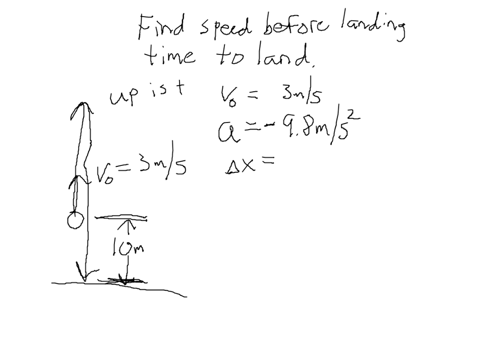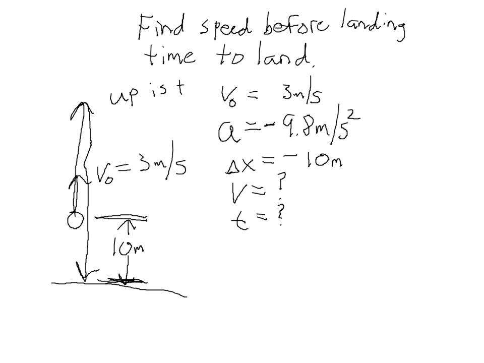So the displacement is 10 meters, but once again, that's got to be negative because it's 10 meters down from where we threw it. Those are the things that we know. The things we're looking for would be v, the speed just before landing, and the time.